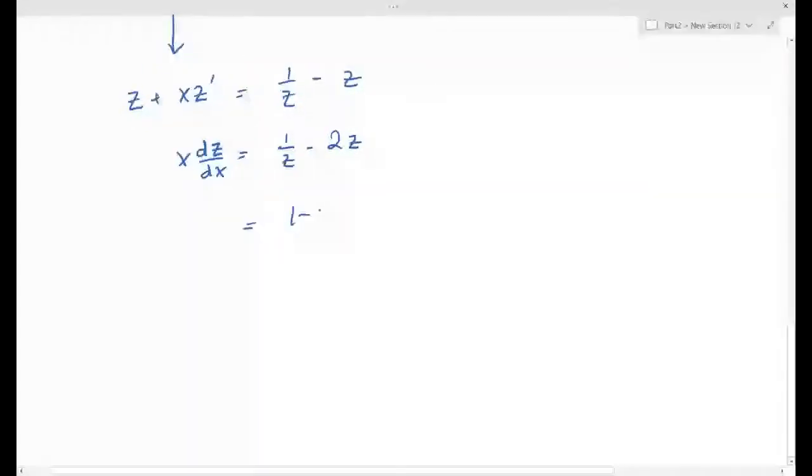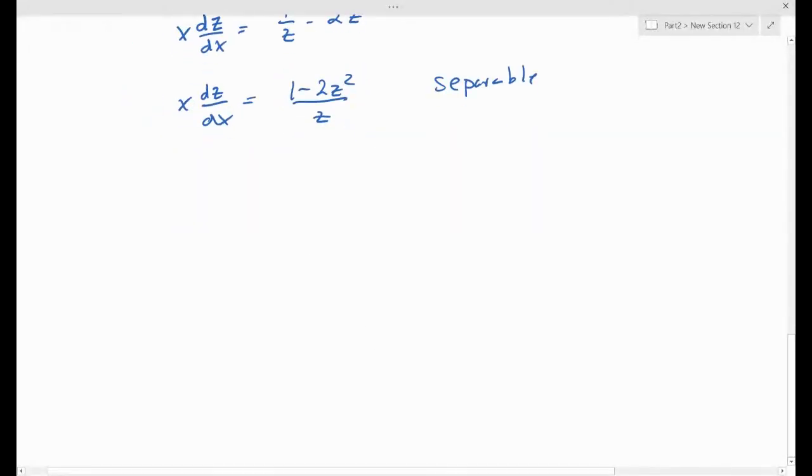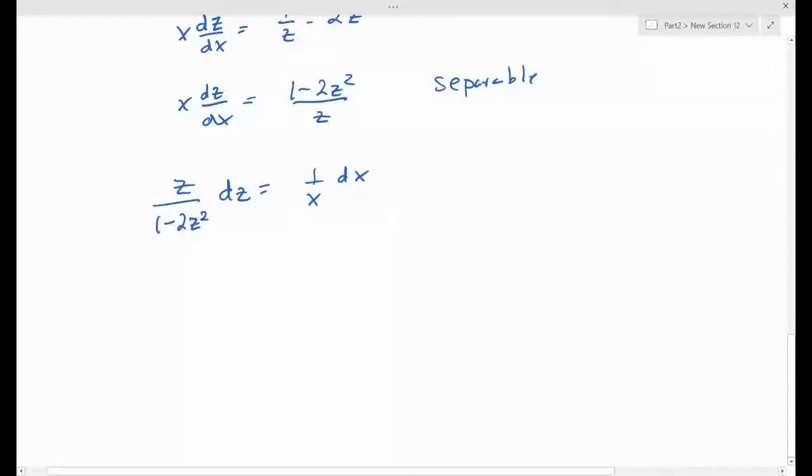Maybe I can find a common factor here. I mean, a common denominator. And I hope you see this as separable, because I can bring all the z business to the left and all the x business to the right.